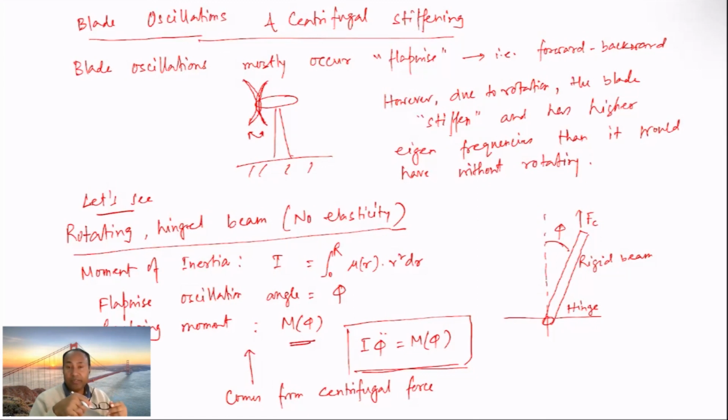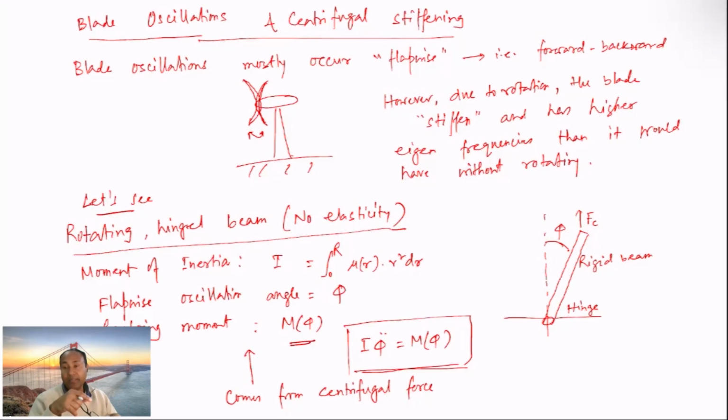But since the blades oscillate like this, and at the same time they are also rotating, so along with rotation you have flapping. That makes things quite complicated.